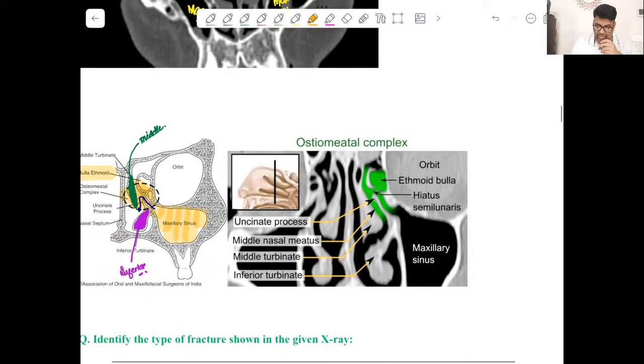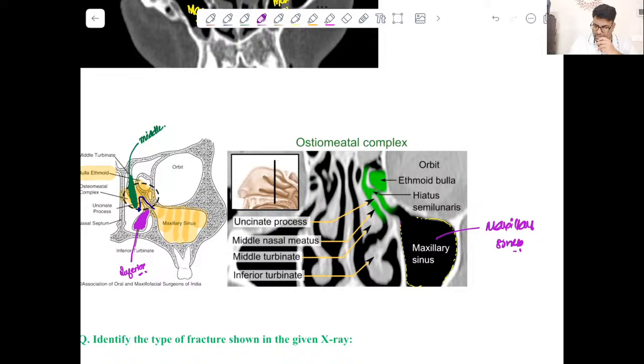Now if we correlate it with the coronal CT scan, firstly I think the maxillary sinus is clear to all. So this is the outline of the maxillary sinus, okay, in the maxillary bone. So this is the maxillary sinus.